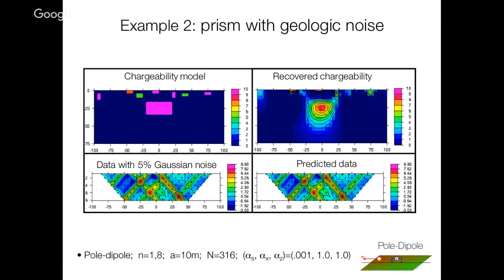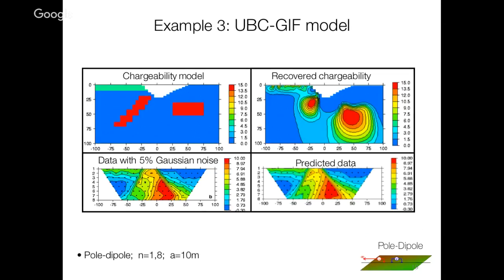Notice that the scale has actually gone up because we've got some higher values here that are closer to 10 milliradians, and that's more of a reflection of what's there. And if we go to this GIF model, that was the pseudo-section. Here's the inversion result, and there we go. So that's all very much in parallel to what we had with the DC resistivity.